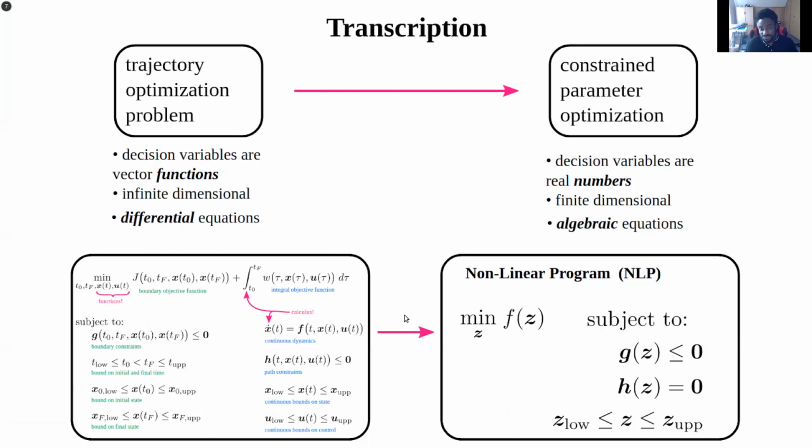And one major thing to note here is that this discretization is not the same as the one that's used for dynamic programming or value iteration. In this discretization, we only discretize the time. We don't discretize the state. But with dynamic programming and value iteration, they discretize the states, the entire state space. And so that's why their complexity increases exponentially with the dimensions.